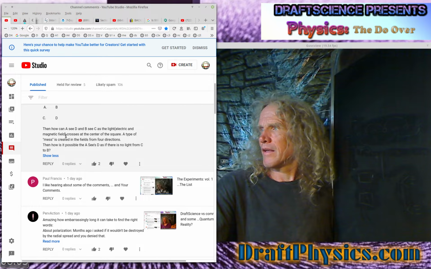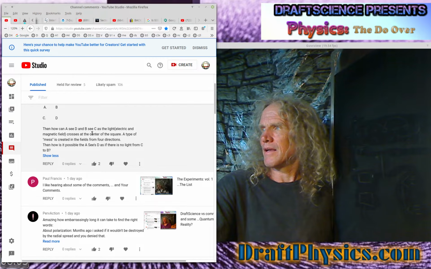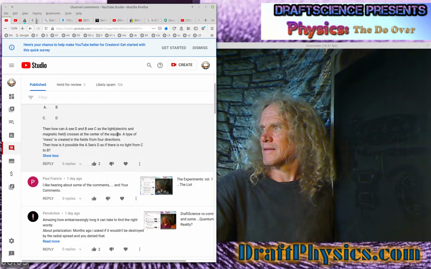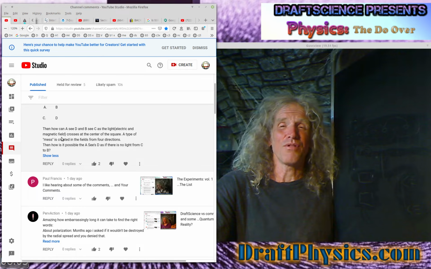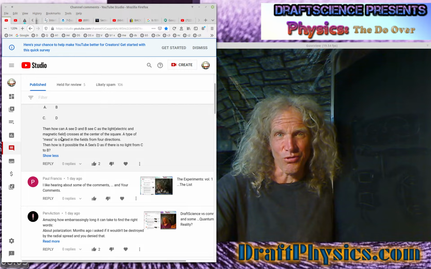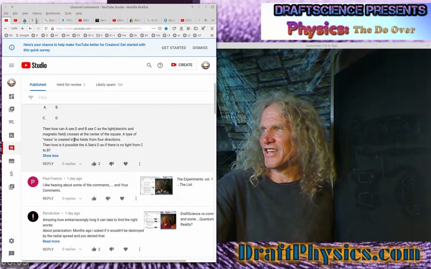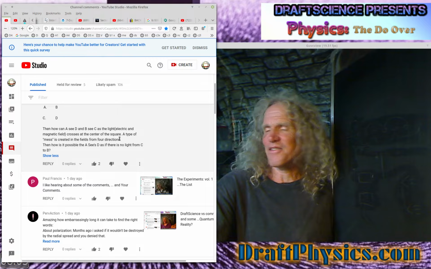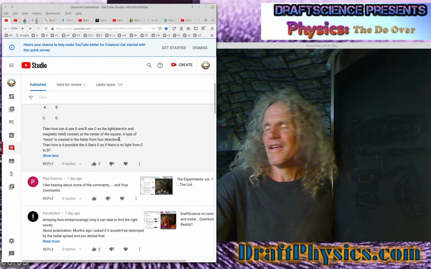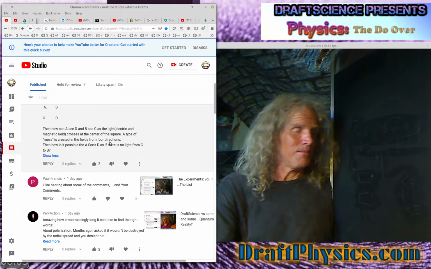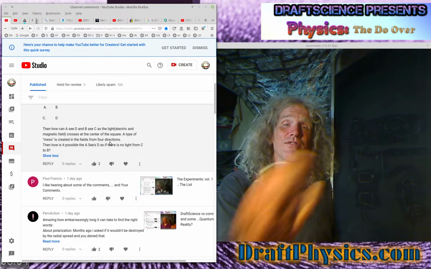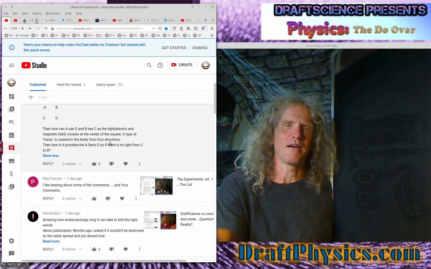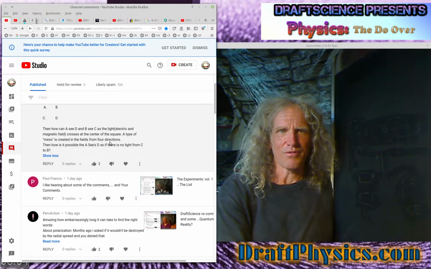Anyway, then how can A and D and B and C as the light, the electric magnetic field cross at the center of the square? Well, I've obviously stated I don't believe in this stupid field crap. There's not a single experiment, outside of gravitational lensing, which I'm saying is a fraud, and Einstein spent photons in gravity.